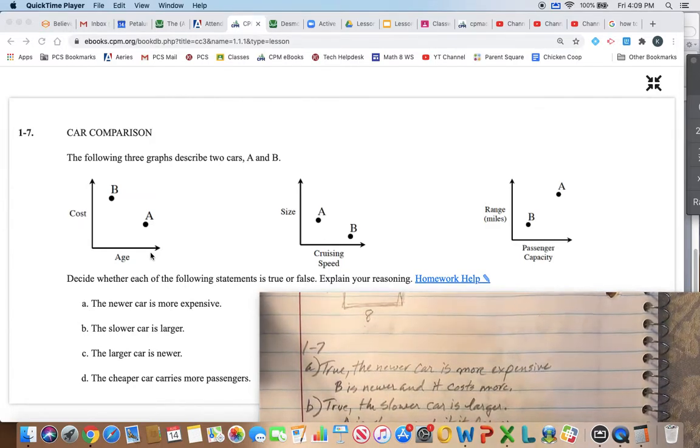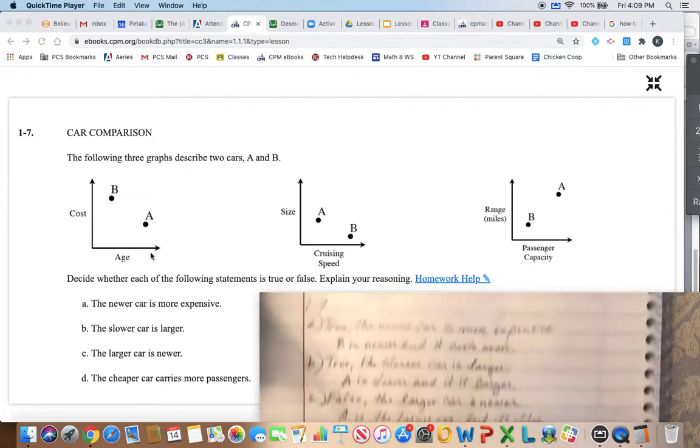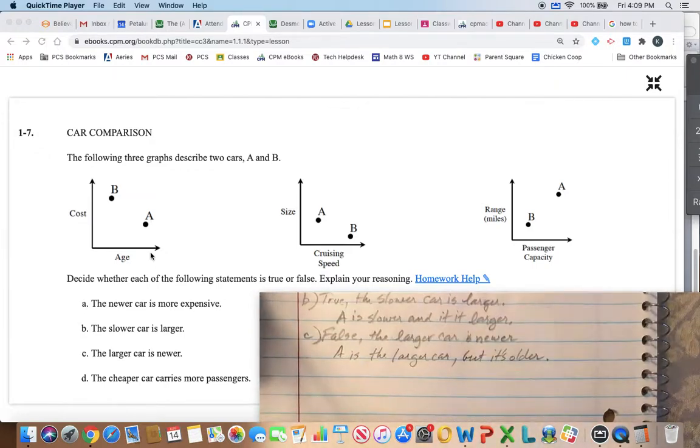All right. Whoops, I didn't have that up in view. Okay, so false, the larger car is newer, and A is the larger car, but it's older.